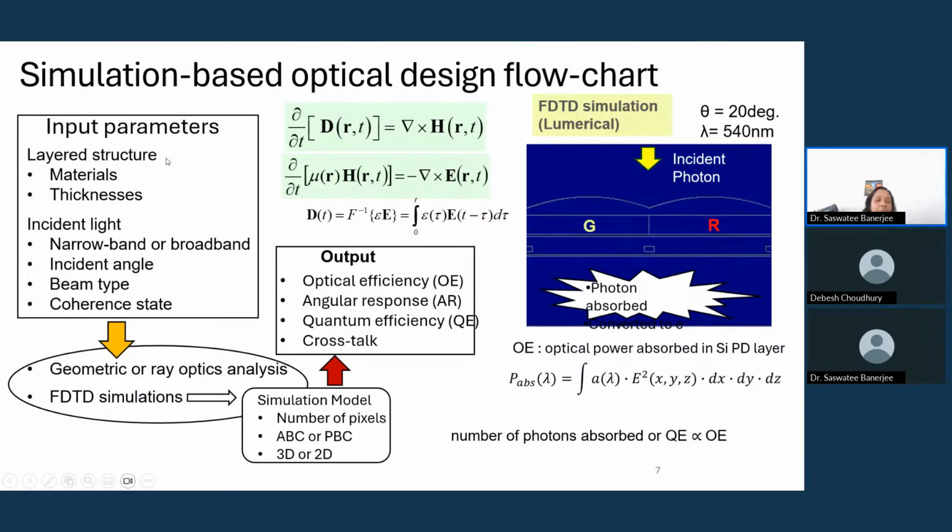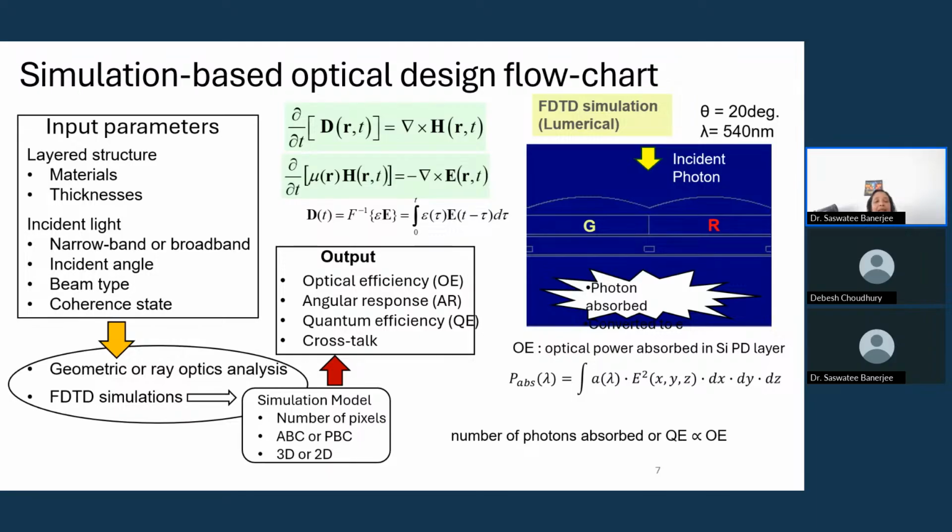as you change the wavelength of light. And on the input parameter side, you have the layered structure, you need the materials, you need the thicknesses, and then you need the incident light. Of course, you need to know whether it is narrow band or broadband. Normally you are going to deal with broadband light.